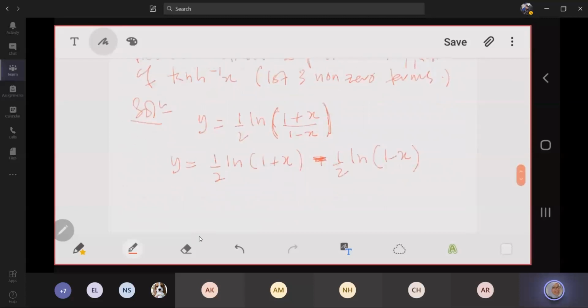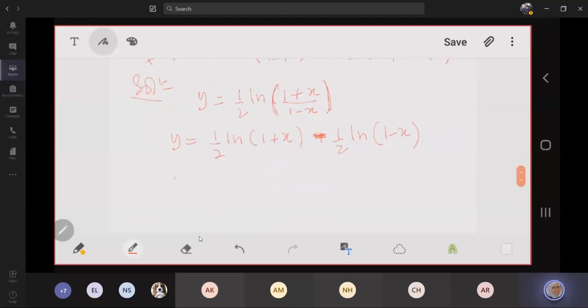Okay, so you differentiate. dy by dx is equal to half times 1 over (1 plus x) minus half times 1 divided by (1 minus x) times minus 1, so plus.